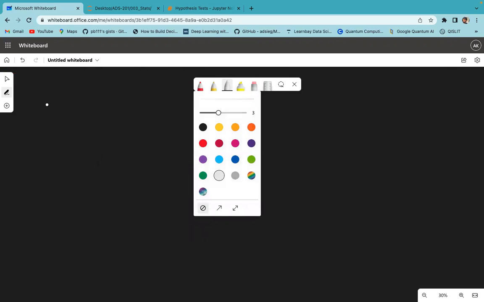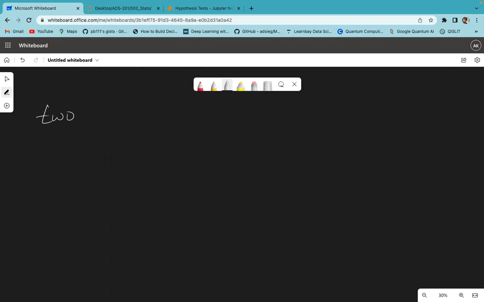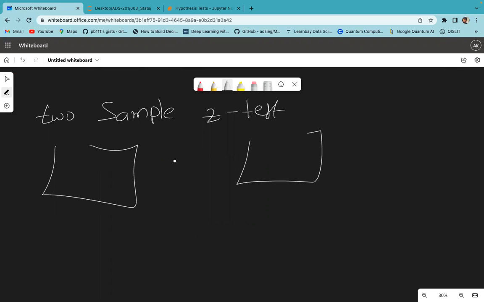Now, the two sample Z test. Two sample Z test means you have two groups, two populations. This is my population 1, this is my population 2, and I have the corresponding sample 1 and sample 2.